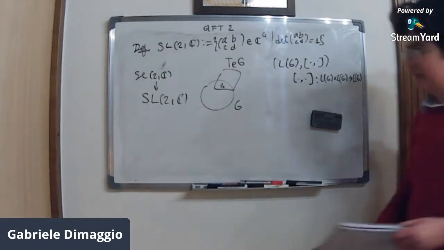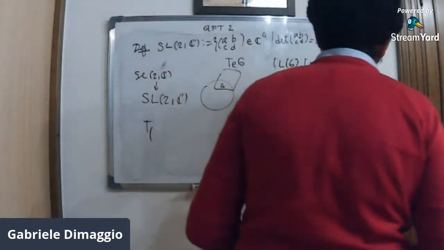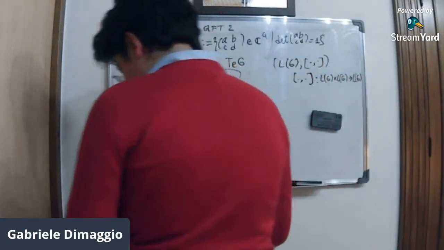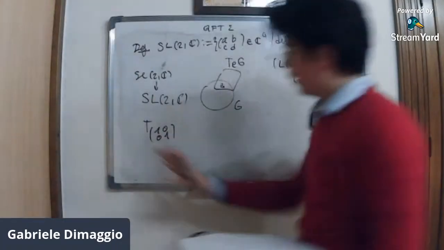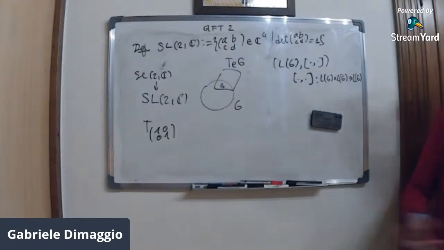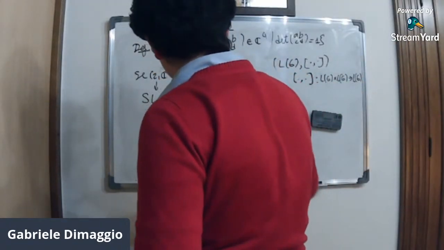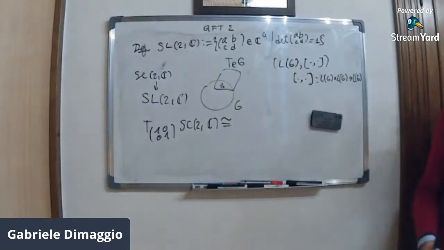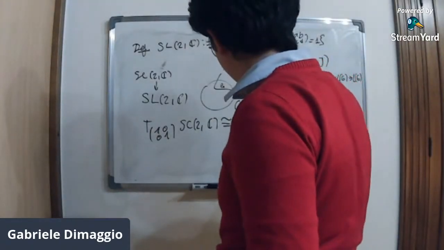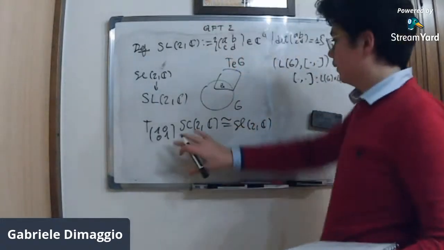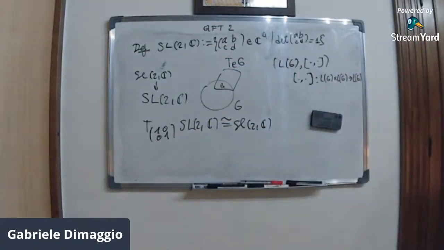In this case, of course, the identity matrix is 1, 0, 0, 1. The tangent space of SL2C at the identity is isomorphic to the Lie algebra sl2C.